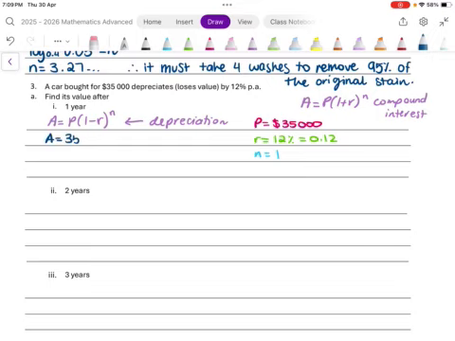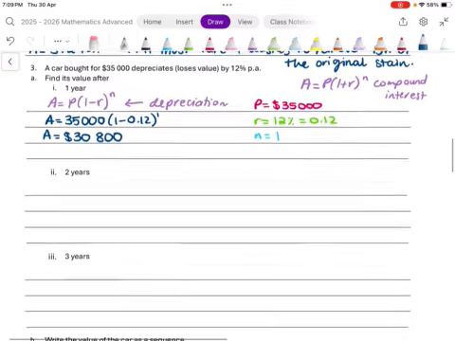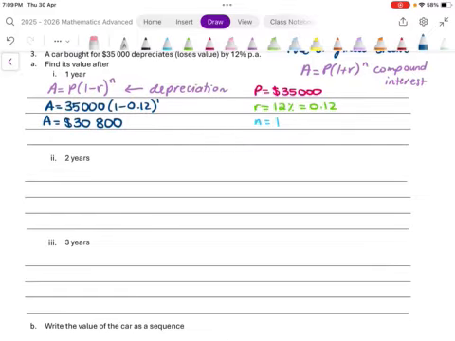So A equals 35,000, 1 minus our 0.12 to the power of 1. Put that into our calculator and we get A equals 30,800.